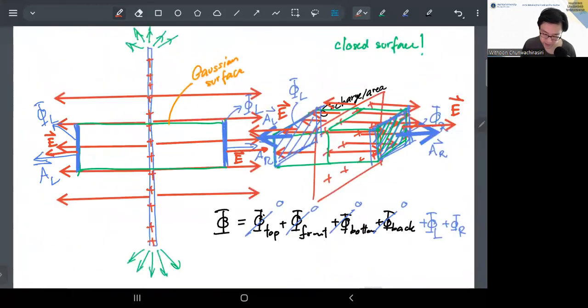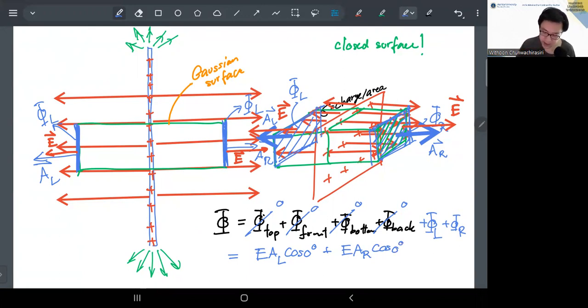So that's good. On the left, it's going to be E times A on the left side, cosine 0. Flux on the right is E times A on the right, cosine 0. They're both 0 degrees because they are parallel to each other.